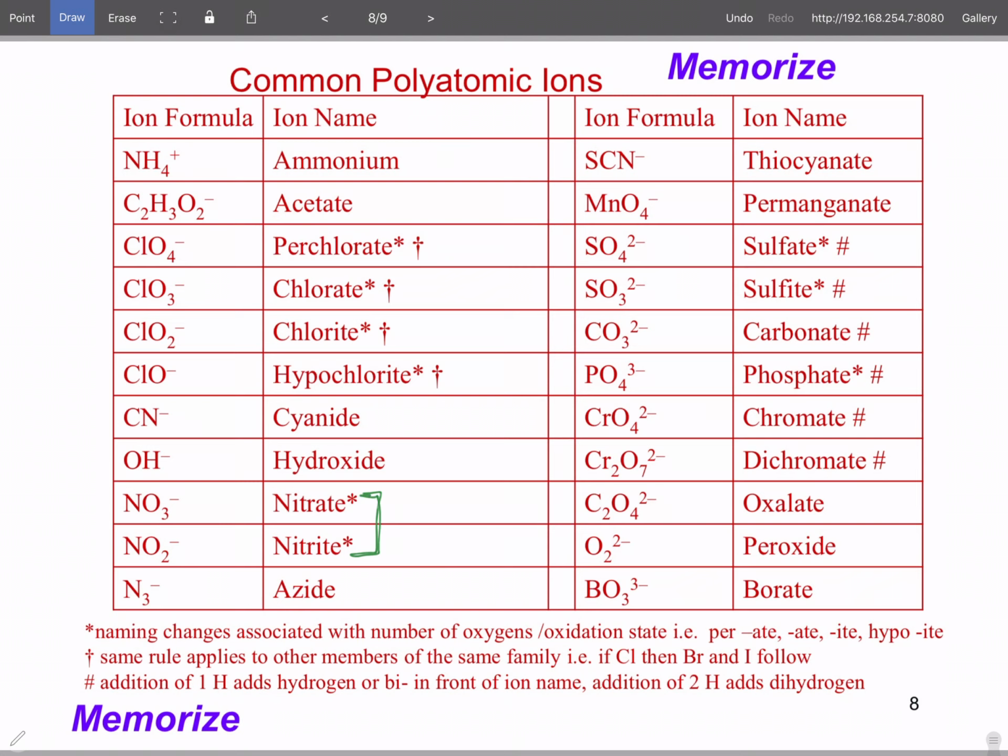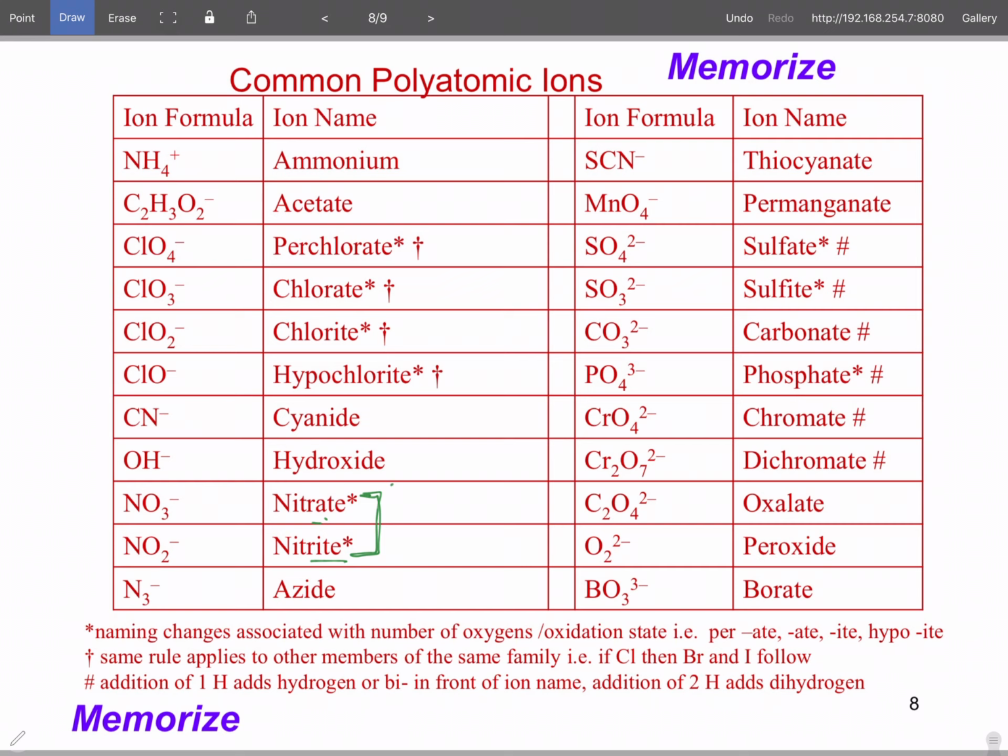And notice we have nitrate and nitrite. Remember when I started that I said spelling was optional, except we're at the except, because in the case of naming, nitrite, ITE, is different than nitrate, ATE. What that indicates is the number of oxygens.